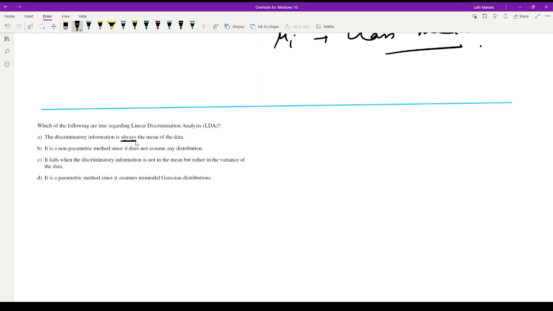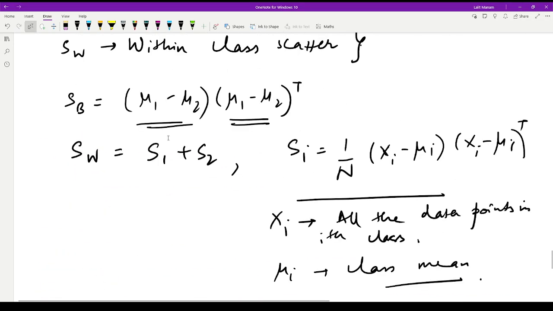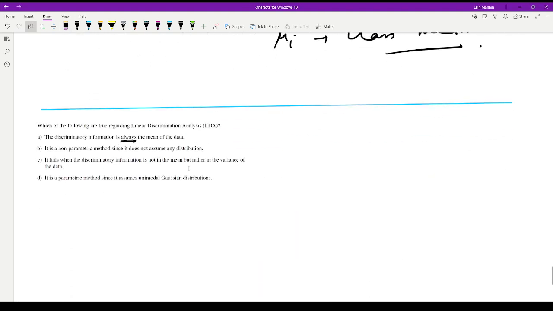No, it's not always useful. You also need to consider the scatter of the individual classes. So this part is wrong. It is the mean plus the scatter of classes as well. Do you get the idea?